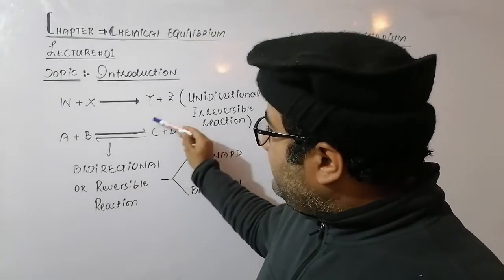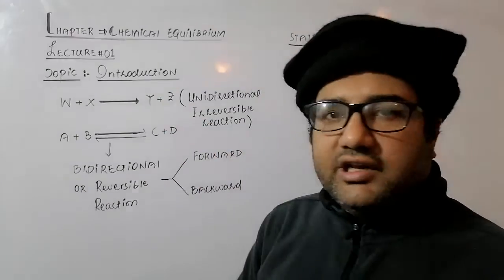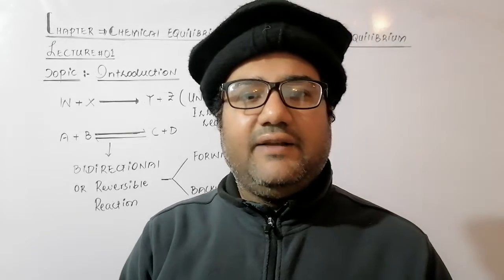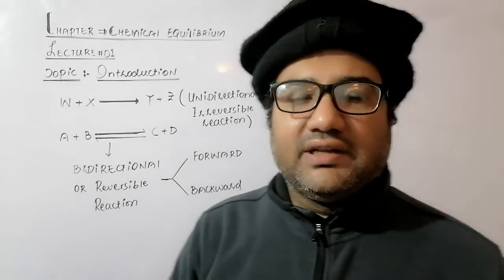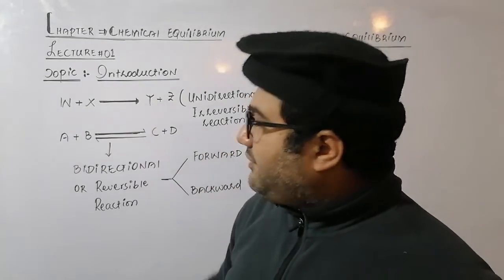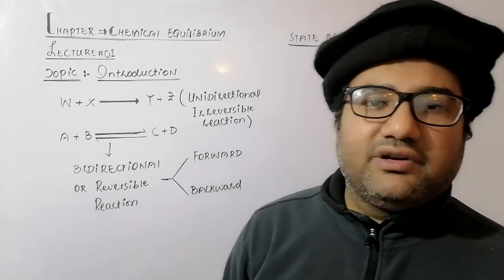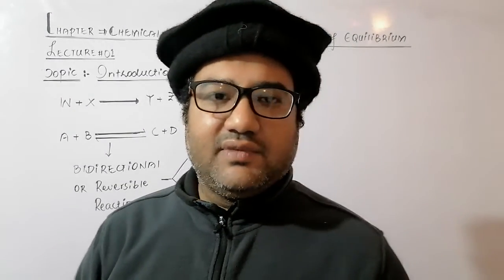And as the concentration of C and D increases, the molecular collisions of C and D become more frequent, and the speed of the reverse reaction keeps on increasing with the passage of time.